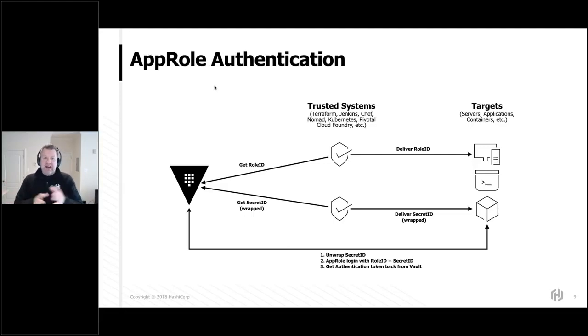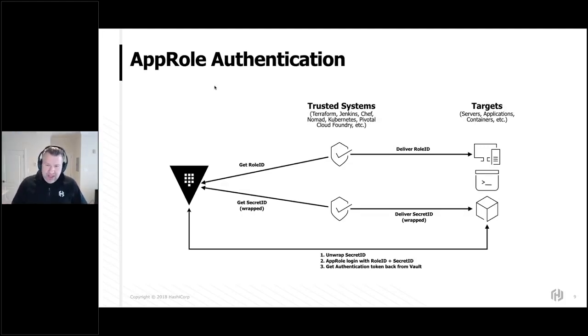And in the middle, we have our trusted systems, the things that we have some trust in and have in our environment that do things. And that might be Terraform for provisioning, Jenkins for CI/CD, Chef, Nomad, Kubernetes, PCF. I mean, any of these different things that sit there to help us deliver our actual value as an organization, which is our applications, right?